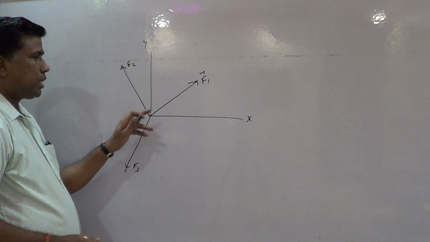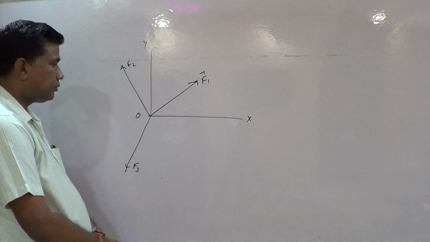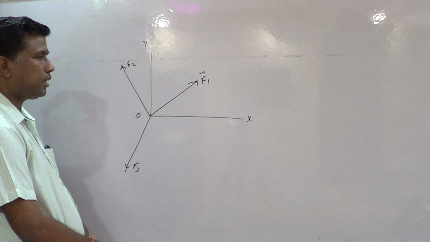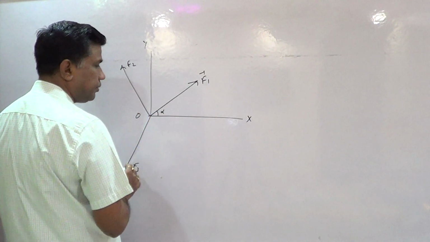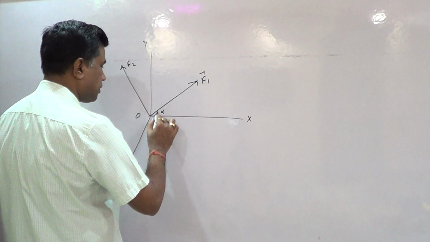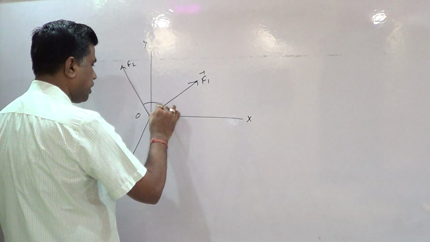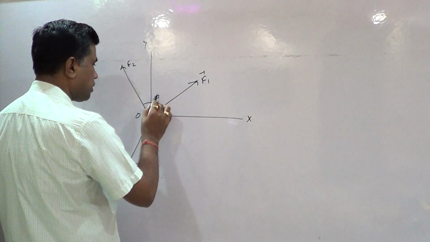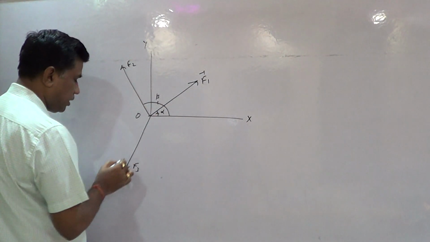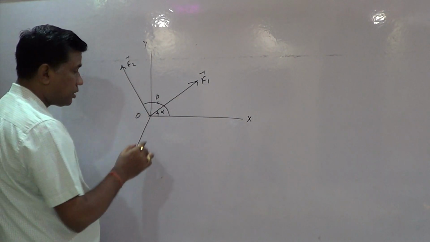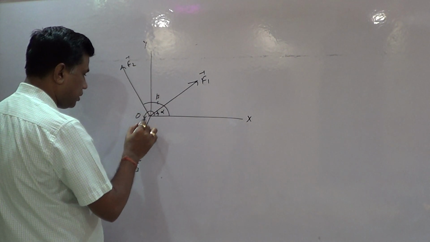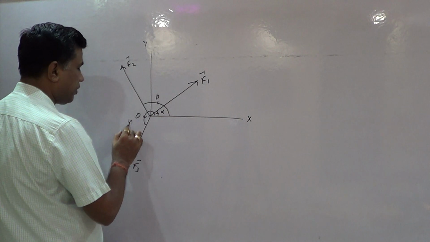These types of forces are called concurrent forces. Their line of action meets at a single point. Suppose this F1 is making some angle alpha with positive direction of x-axis. This F2 is making some angle beta with positive direction of x-axis, and this vector F3 is making some angle gamma with positive direction of x-axis.